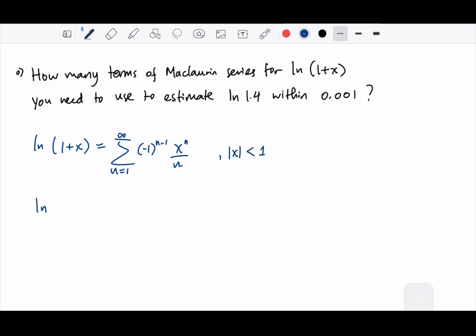So when we have ln(1 plus 0.4), as mentioned that it is our goal, 1.4, we are going to have the series which started from n equal 1, and then we can exchange x with 0.4.